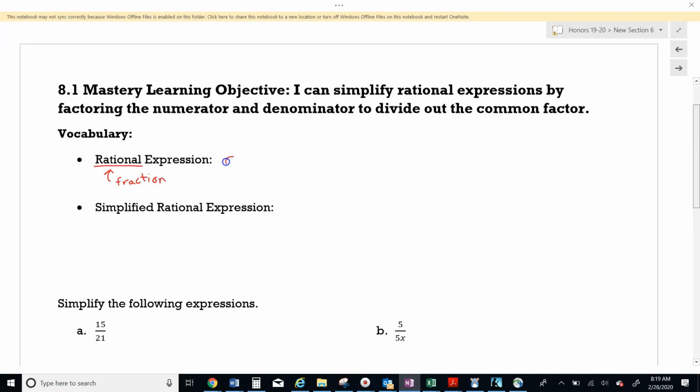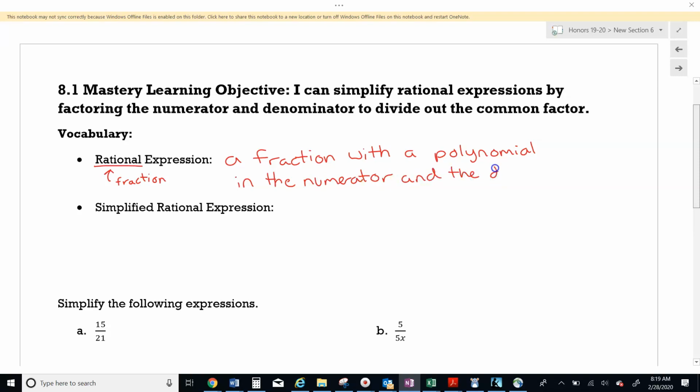So a rational expression is a fraction with a polynomial in the numerator and the denominator. Okay, so basically it's what we had last unit, polynomials, but now they're fractions.